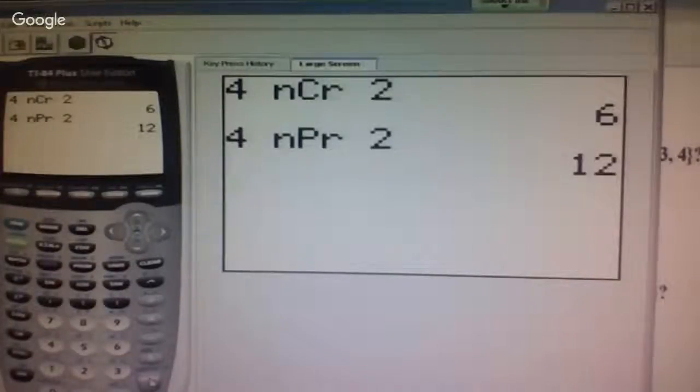In a combination, 1, 2 is the same as 2, 1. Think about it. 12 is the number you would get for the permutation. What would you divide by? 2 factorial, which is 2. 12 divided by 2 is 6. So that's another way.